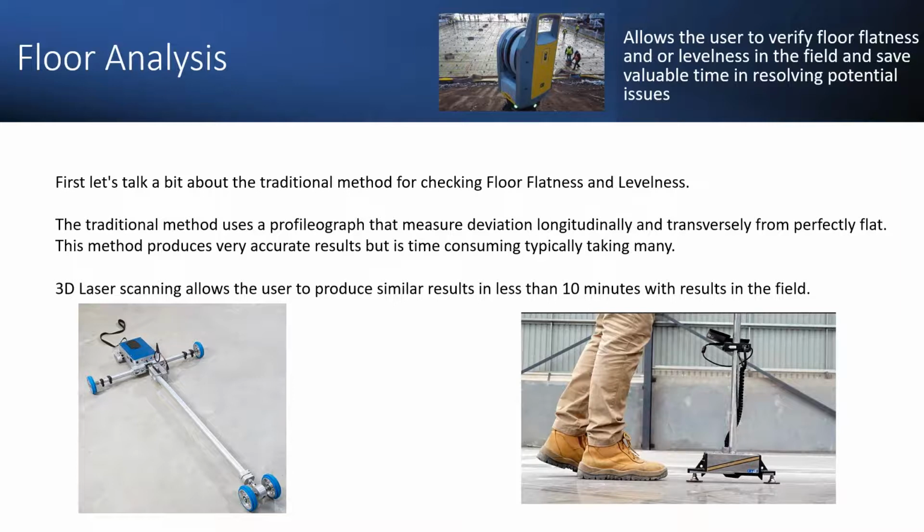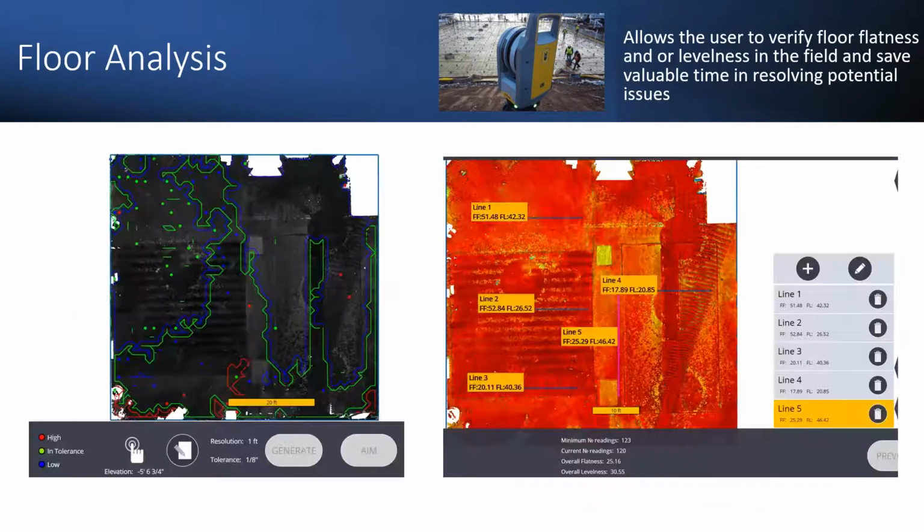So we'll be able to scan that in less than 5 minutes, bring that data into the field software. Right there in the field, you can run an FF and FL number, which we'll do here in just a moment in a live exercise. Some examples of that, being able to run contours in the field or produce that FL report.